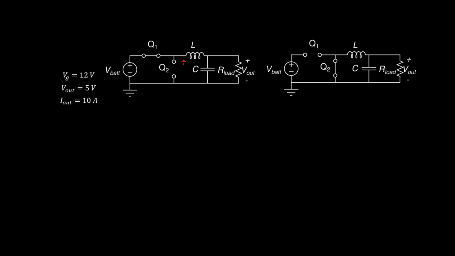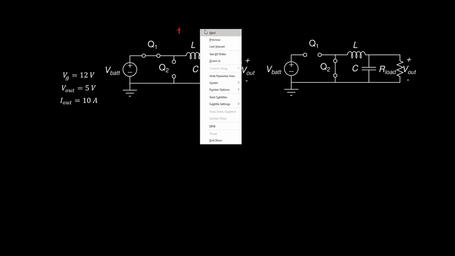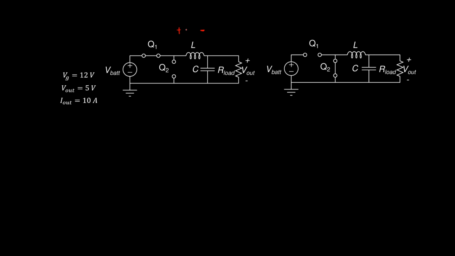If you put the plus here, you better put the plus on the same side of the same component in the other state. You can't switch it around. It will screw everything up if you switch it around. So just be consistent and you'll be fine. All right. So what I'm going to do is draw the inductor current and voltages in red. So this is VL applied in this direction.